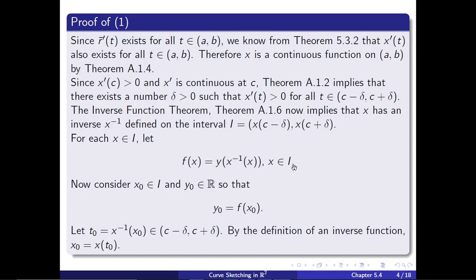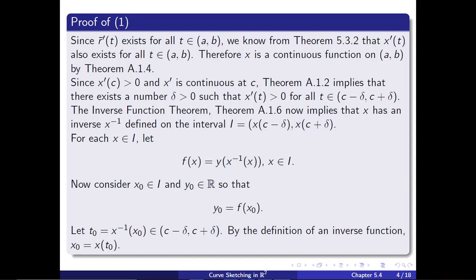For x in the interval I. So now consider a particular point x naught, which is in the interval, and y naught, which is a real number, such that y naught is equal to f of x naught, right?